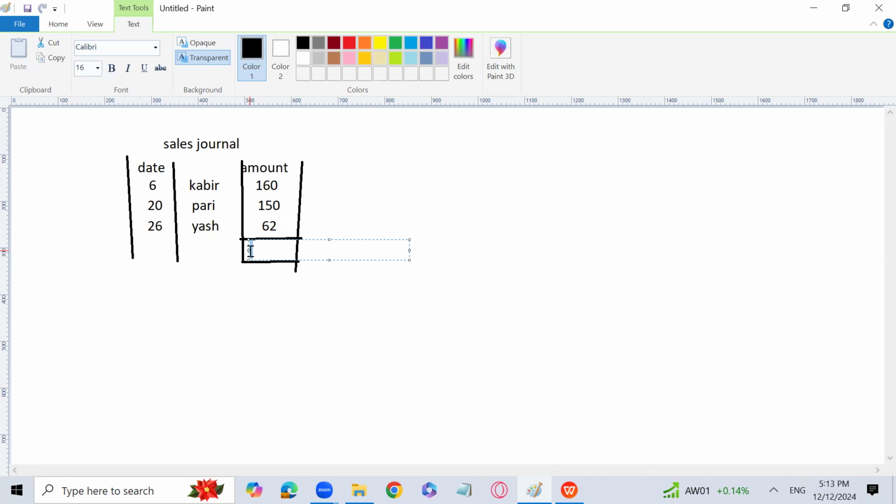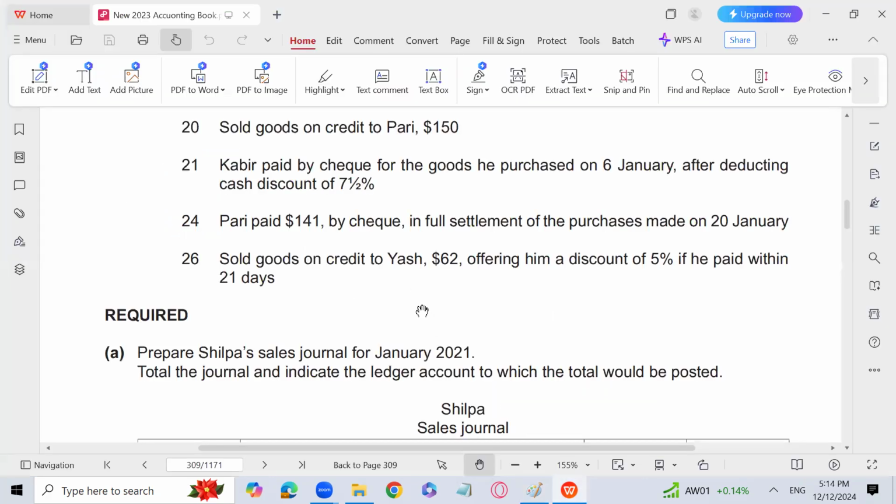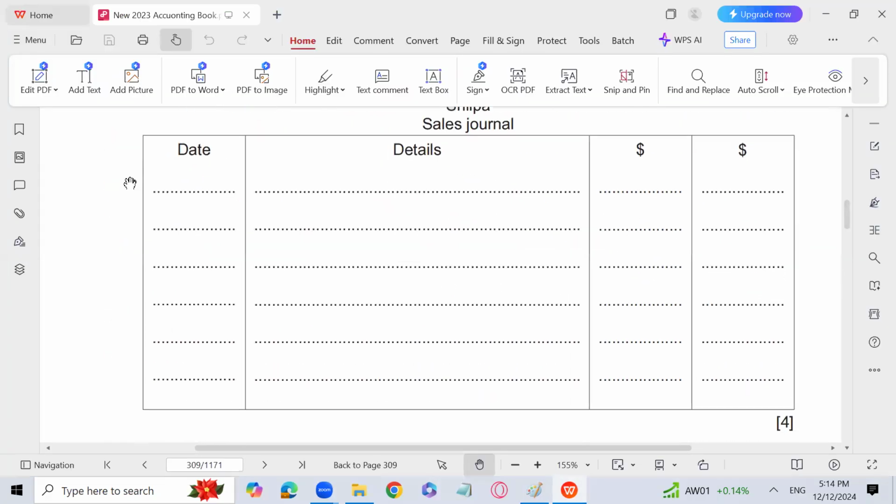This is the way we record this. So 160 plus 150 plus 62. So 372 is going to be the answer. So that's how we have gone for the sales journal.